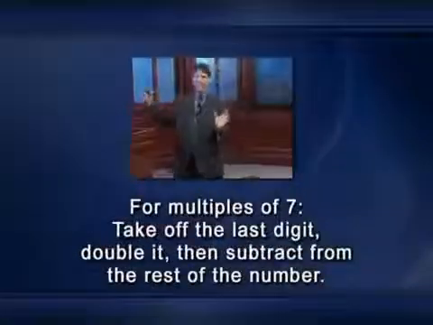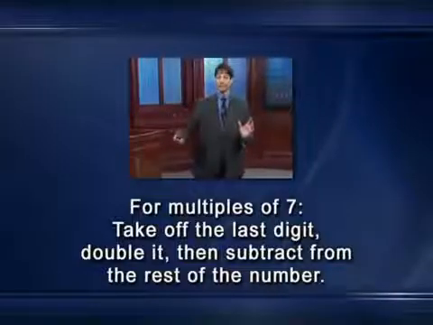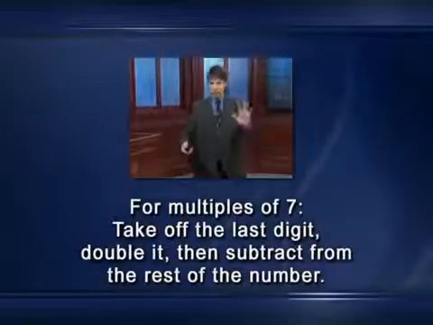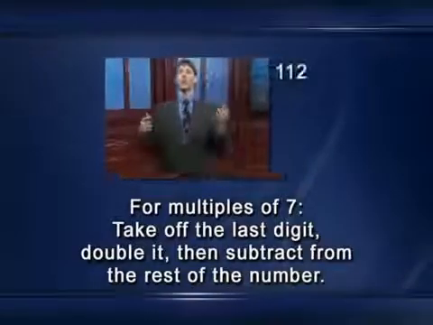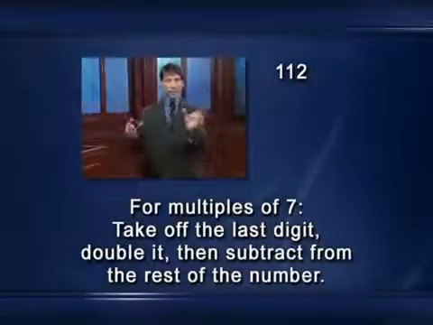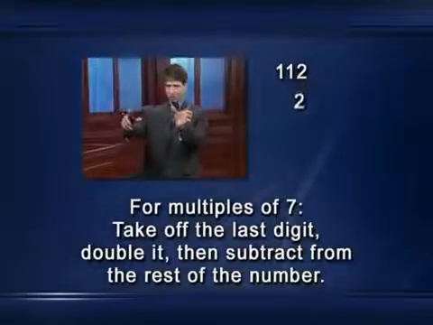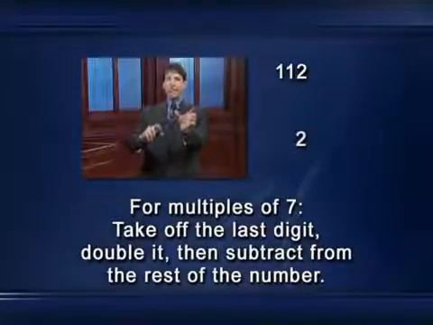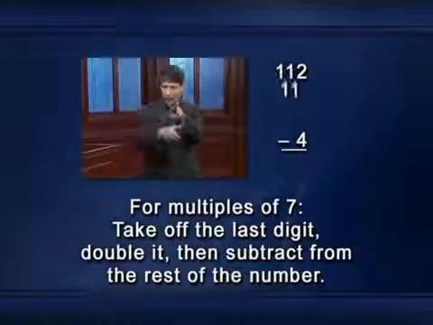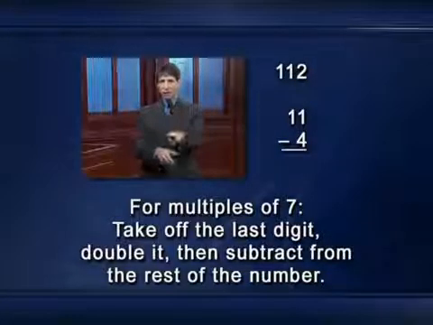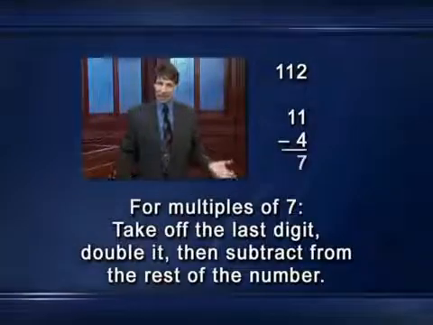One way to check divisibility by 7 is like this. Take off the last digit, double it, then subtract from the rest of the number. That's a lot. Let's look at that slowly. If I have a number like 112, we're going to take off the 2, double it to 4, and subtract it from the rest of the number. 11 minus 4 is 7.